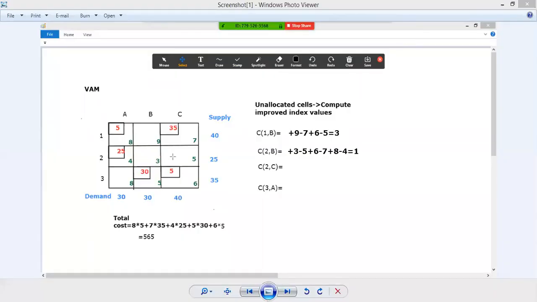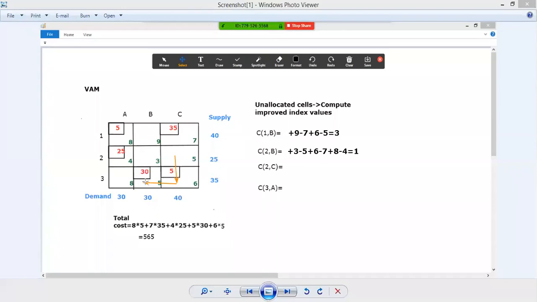So the next unoccupied cell is this one. From this cell, I can travel either in this way or in this way. Suppose I travel in this way, this will be the allocated cell. I land here, and again from here I have to reach an allocated cell.